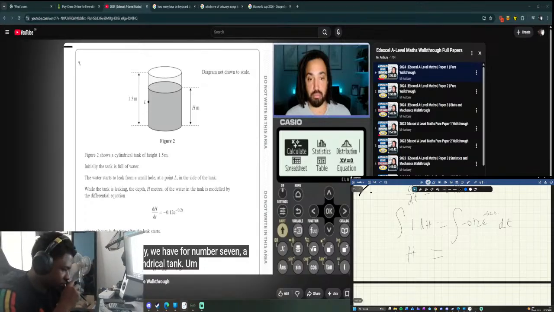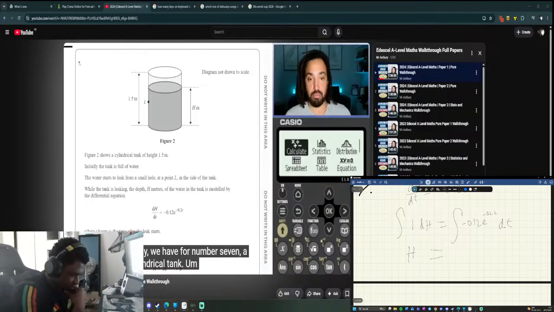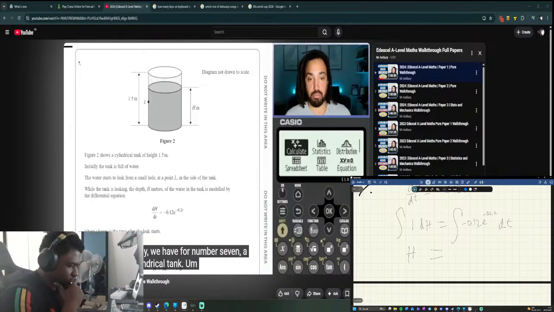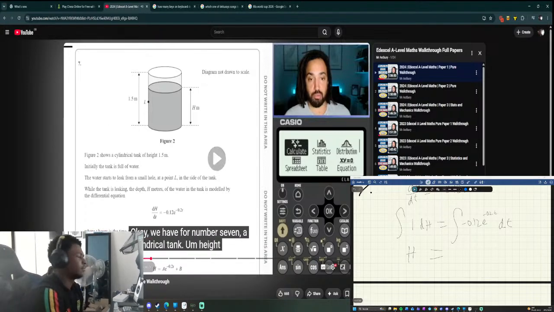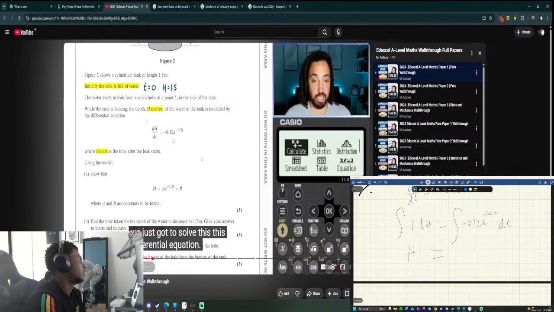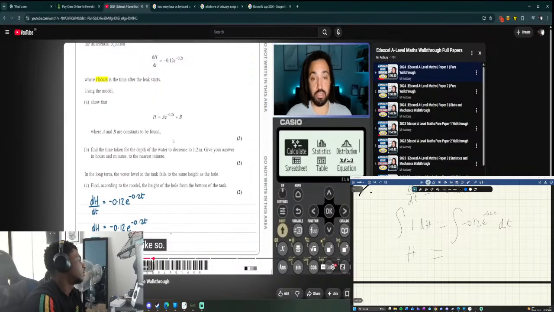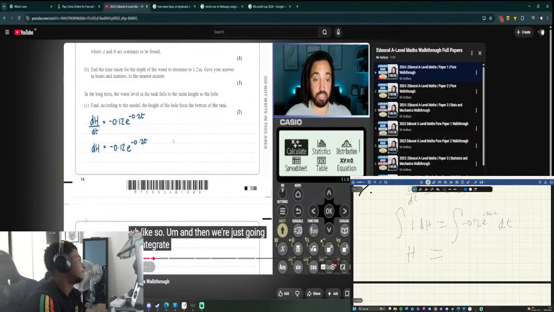Is it the same as... How does he do it? Just tell me, bro. Height 1.8 is in this equation out here. And then we're just going to integrate.